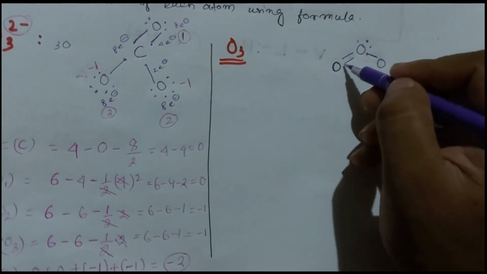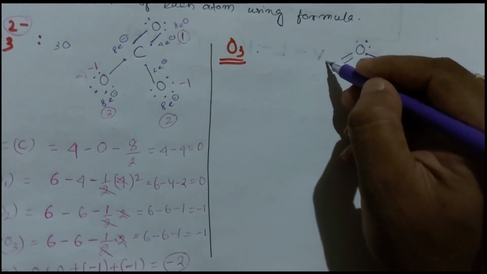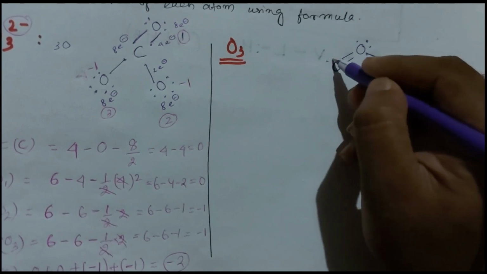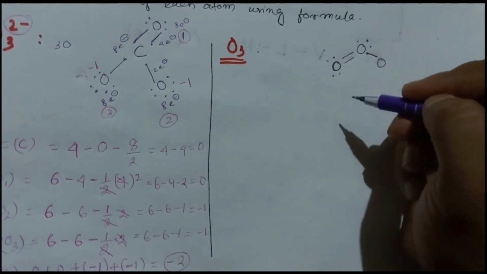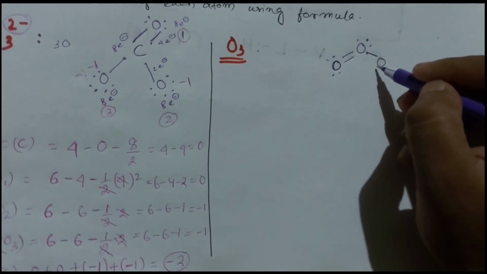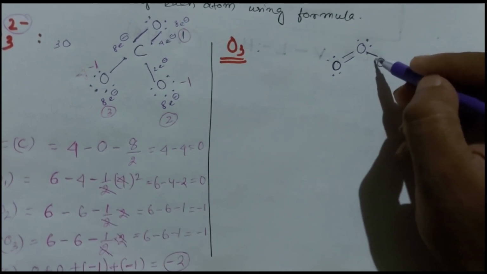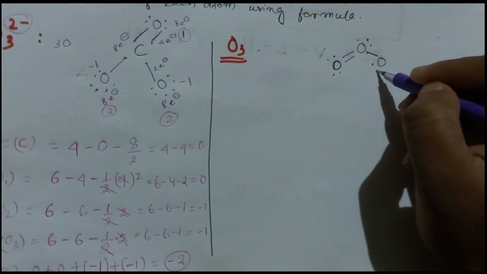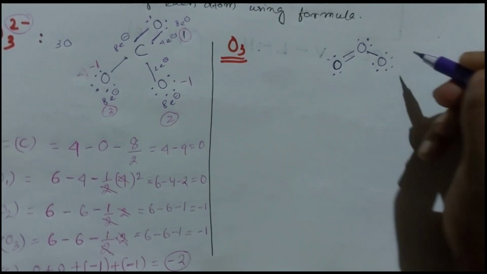Here 2 bonds are there, therefore 2 plus 2 is 4, so another 4 electrons are needed. Here it forms 1 bond, therefore 2 electrons are there, and it needs another 6 electrons.